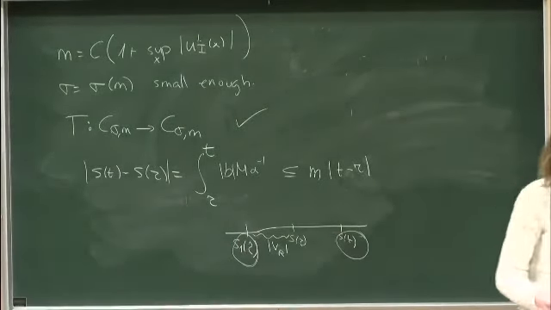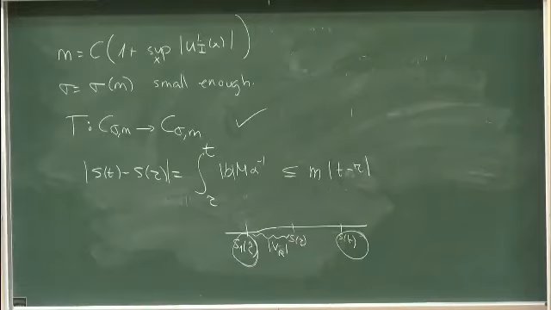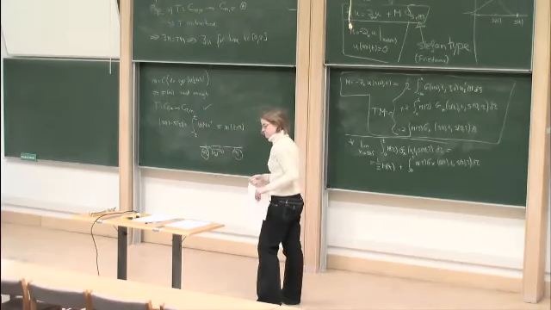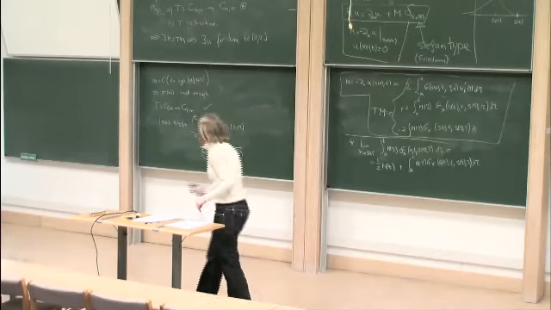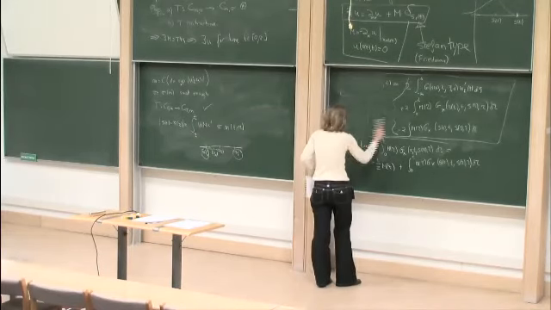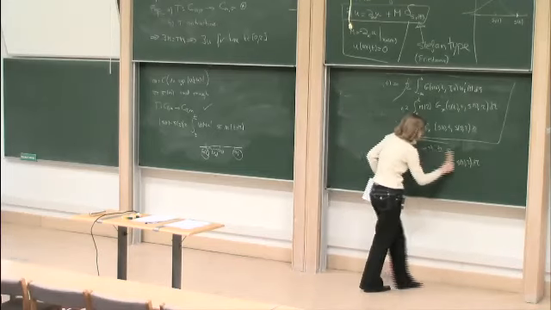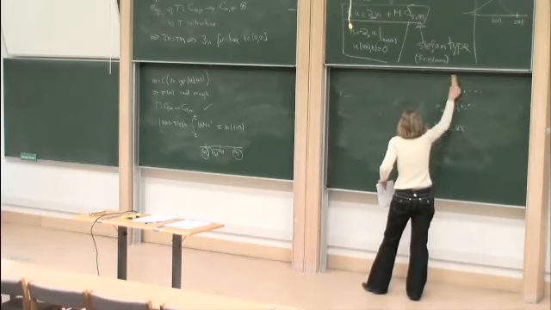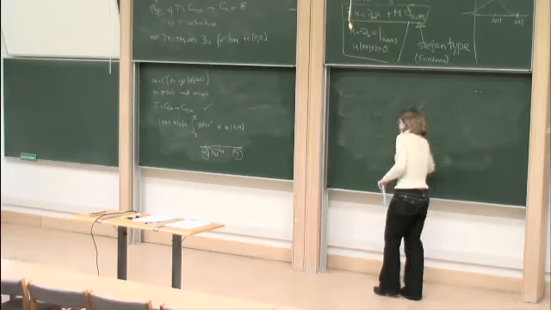And then you see how you get local existence. Now, okay, let me erase this formula, but we'll be using it all the time. Let's see what happens for global existence.